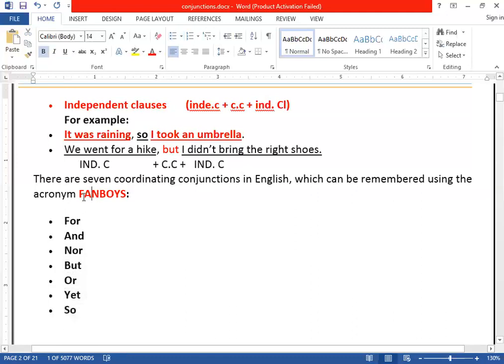Can you see FANBOYS? F, for; A, and; N, nor; B, but; O, or; Y, yet; and S, so. So these 7 are what we call coordinating conjunctions. To memorize them, you can keep this acronym, FANBOYS, in your mind, and it will help you understand it.